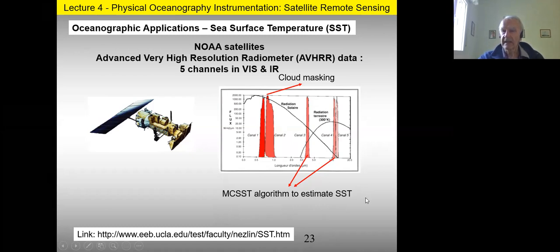So this is how, from the received signal, because this is a passive satellite, the algorithm estimates the SST.